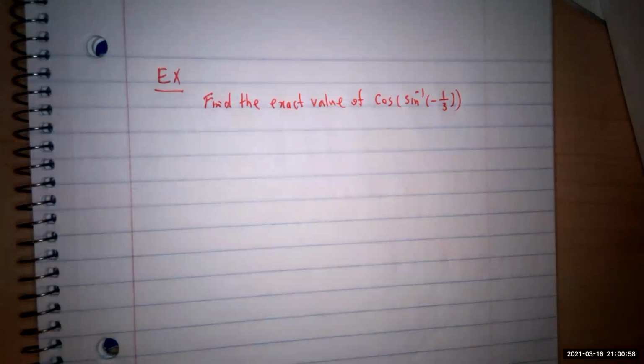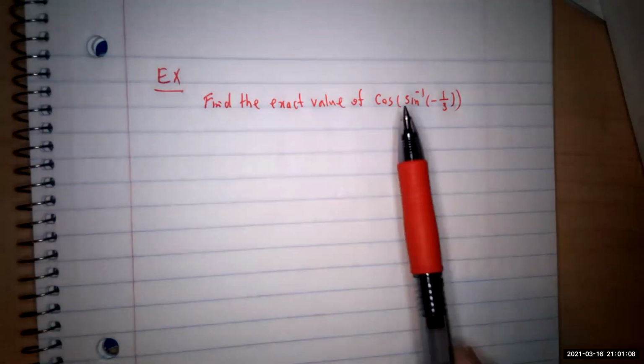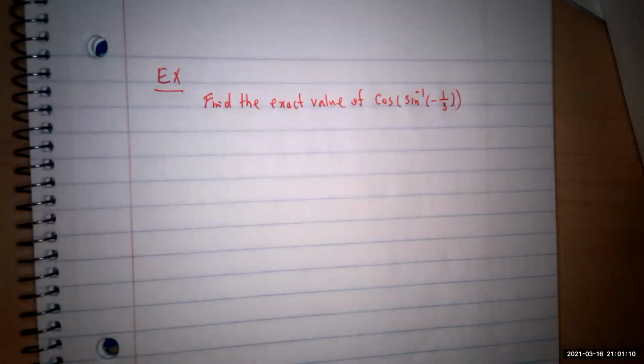You see, the problem that I did for you was a nice number, 1/2, but this is negative 1/3. These problems are very popular. This is cosine, but you may be given the tangent, the secant, whatever.